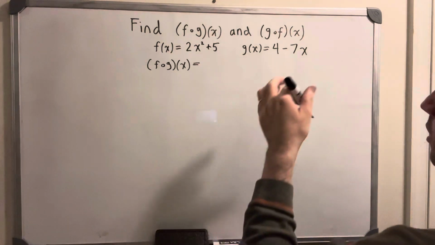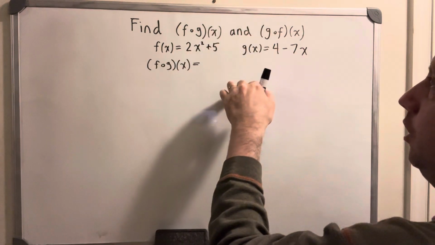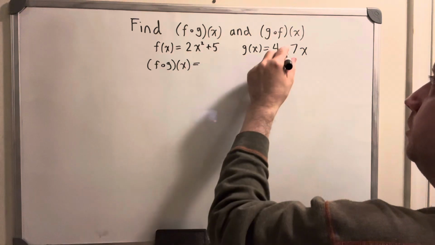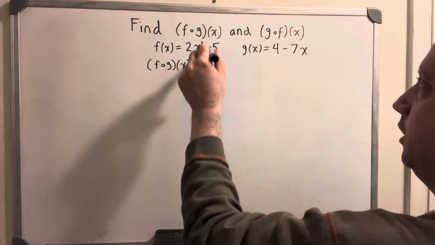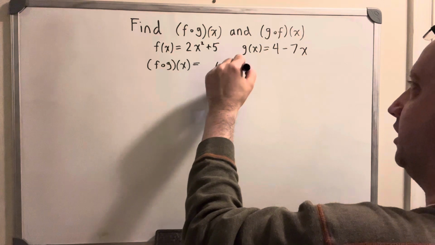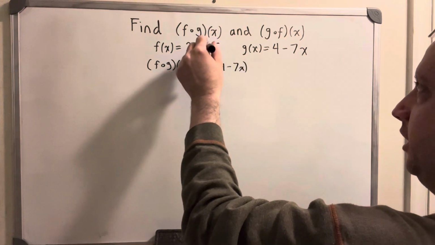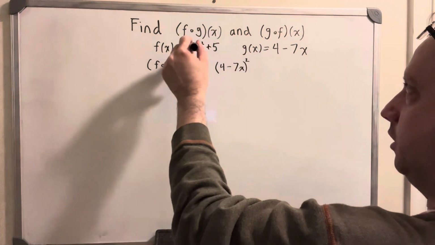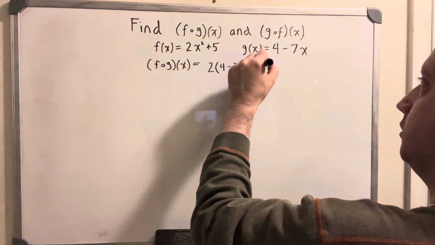You can either write the whole inner function, or you can start to write the outer function. When the inner function is pretty big, I often start with that. So I write 4 minus 7x in place of x, and I look and I try to remember, include that square, put that 2, put that 5.